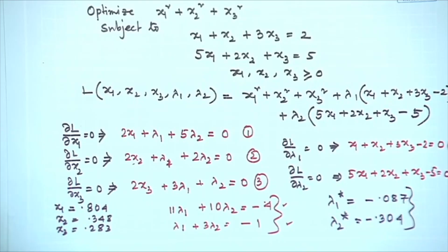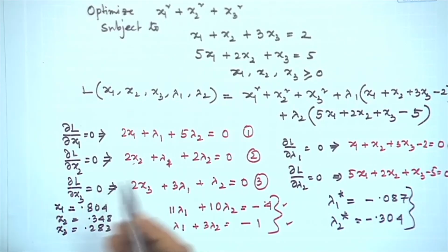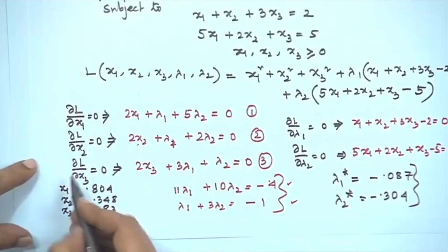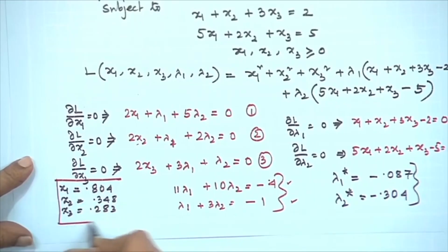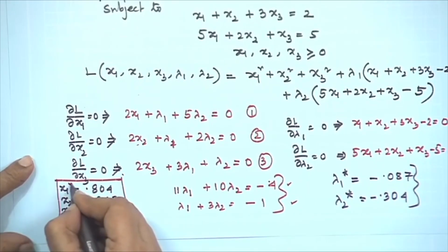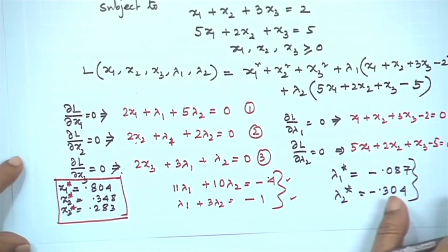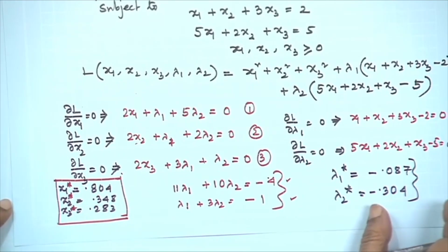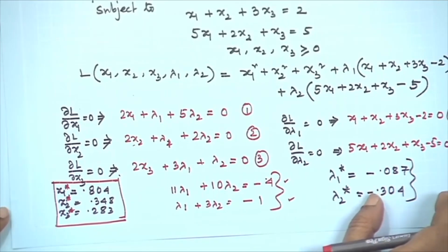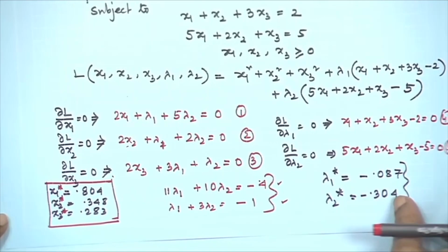This is the candidate solution for the original problem. Now, we do not know whether this solution is optimal or not. That is why we need to consider the sufficient condition, the second order derivative of L.